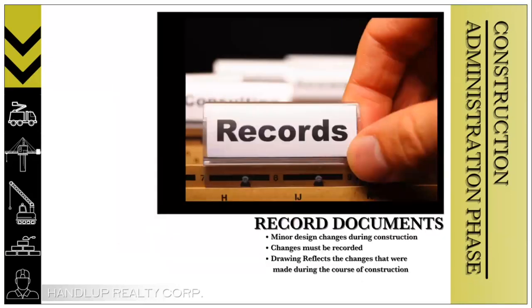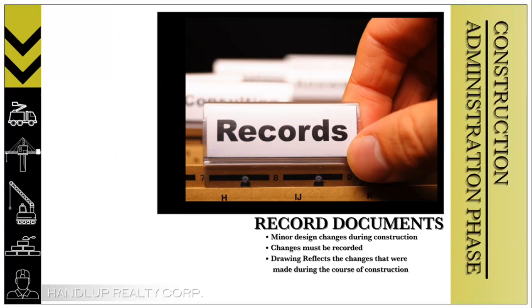Record documents, as-built documents. As previously stated, minor design changes are often made during the construction of a project. These changes must be recorded for the benefit of us, the owner, should we wish to alter or expand our building in the future. Therefore, after the building has been completed, our general contractor is required to provide a set of record drawings, previously known as as-built drawings.